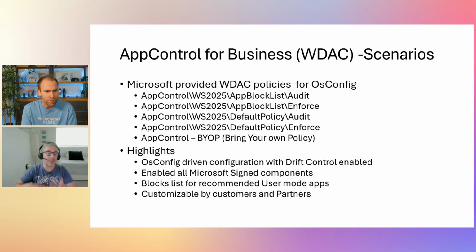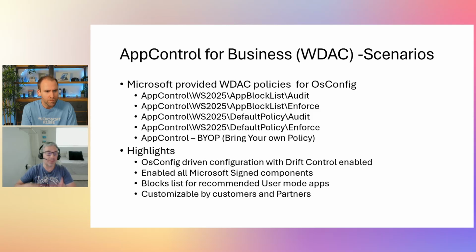When you add the OSConfig layer on top of it, we are adding not only the ability to manage those pre-created scenarios, but also we bring the same logic of the drift control mechanism that I explained to you previously for baselines. That is, if something removes that policy, drift control will bring it back, which I think is super great.